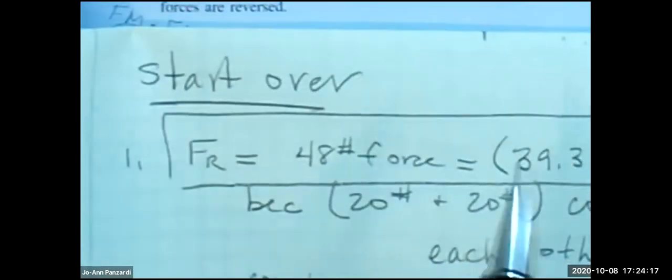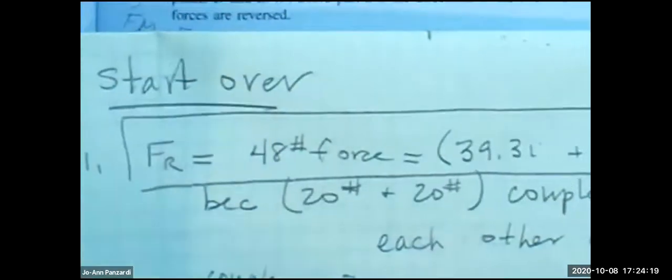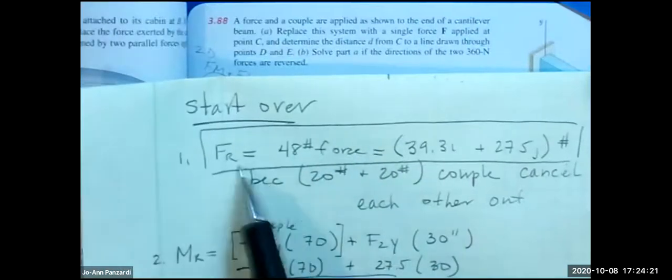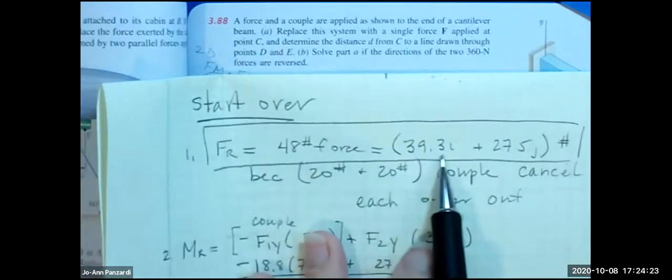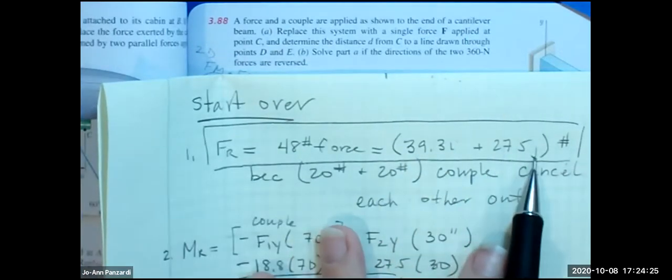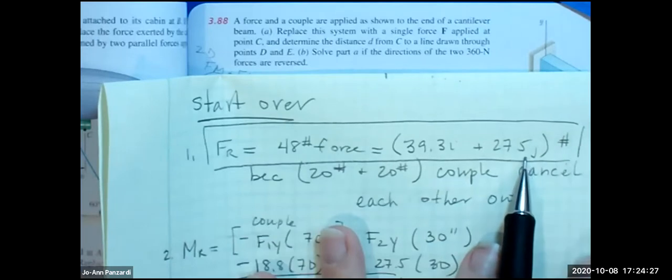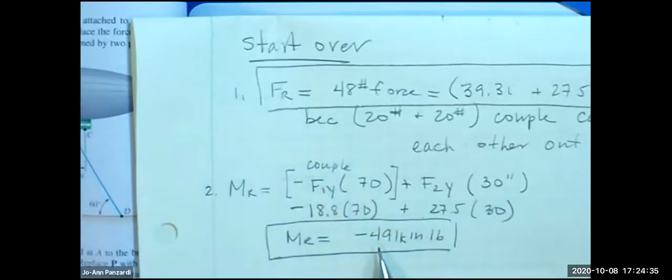Okay, if you want to check your answers or check my answers. The resultant force I got was 39.3 i plus 27.5 j. Did somebody else get that? Okay. And then the resultant moment was 491 in the negative Z direction.